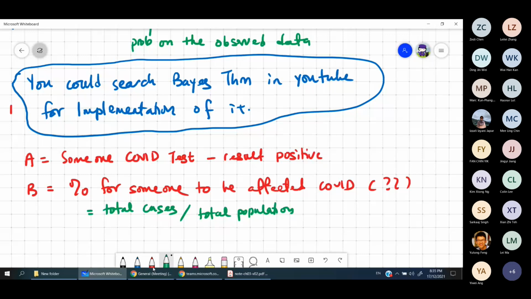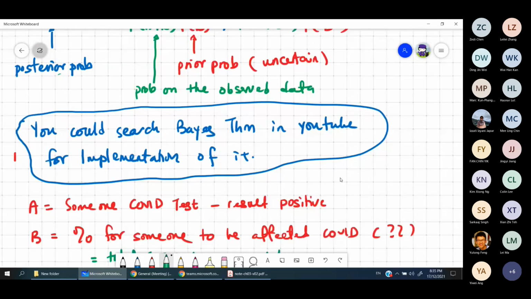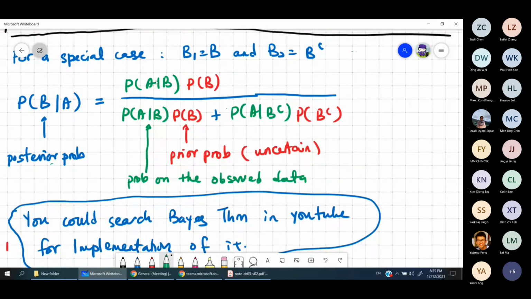However, this is also uncertain. We can also base it on something that you can get. So then you can look at this: what is this P(A∩B)?